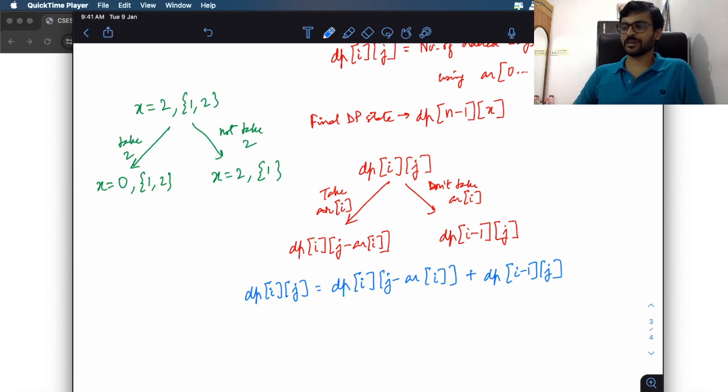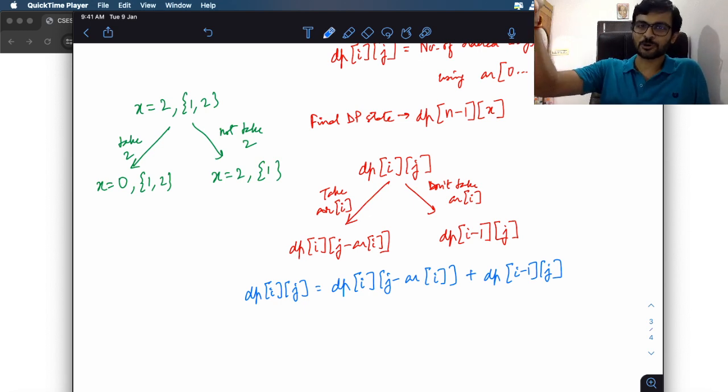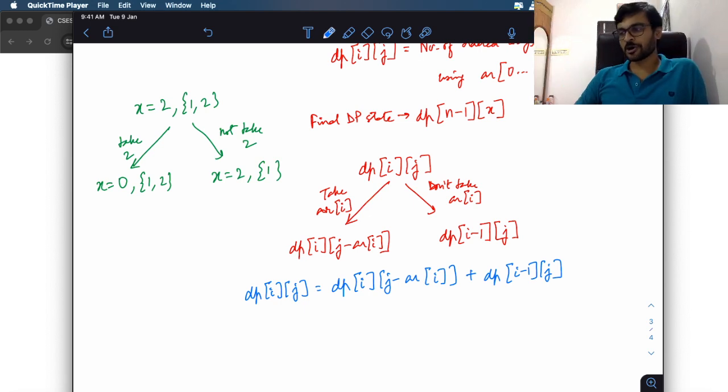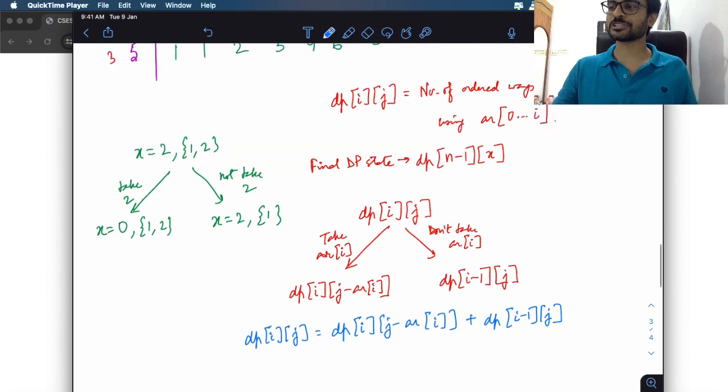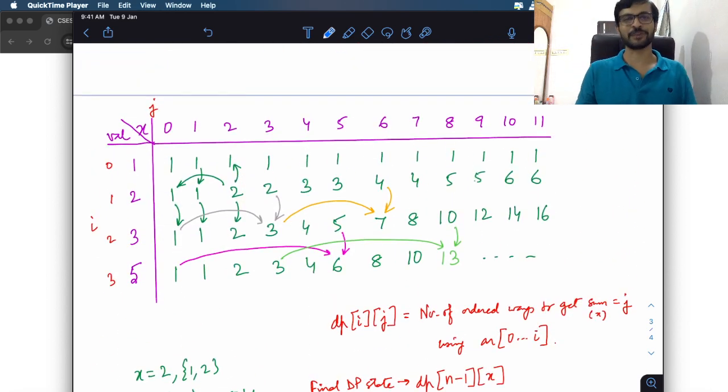In which order is it going? We are depending on the previous things in the row and the previous row. So we are depending on the values for the smaller i's and smaller j's, which means we should start filling the table from the lowest values of i and j. That is the idea.